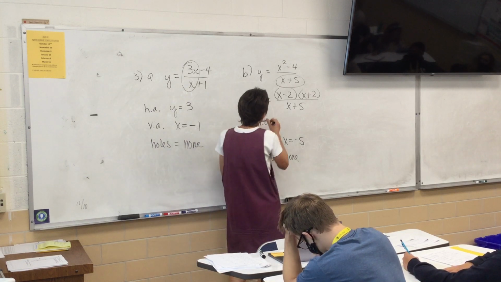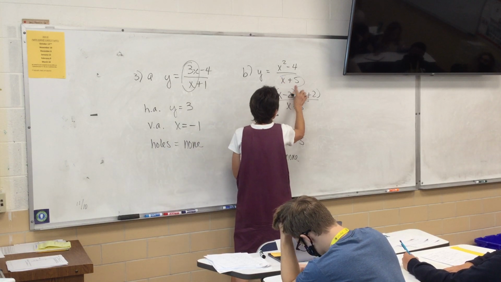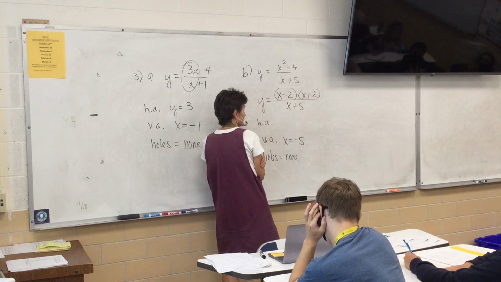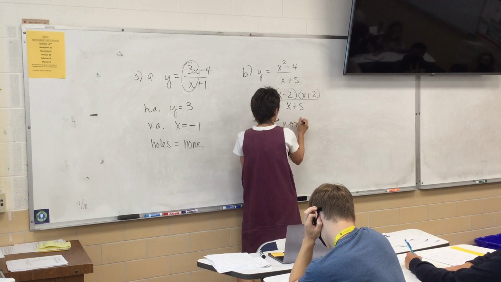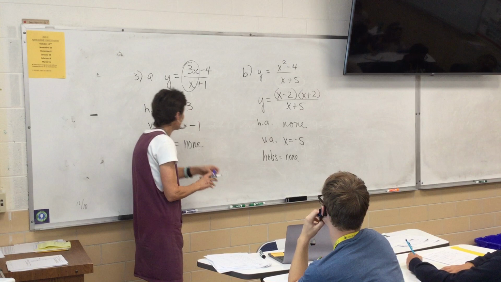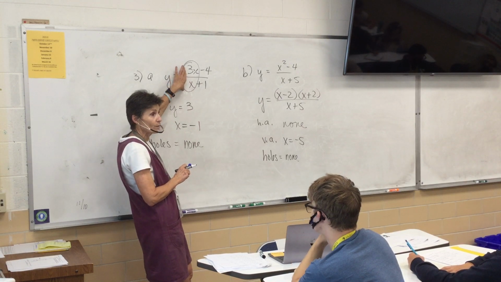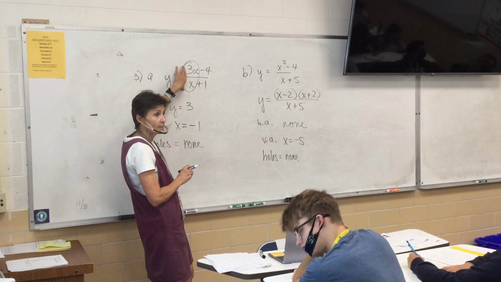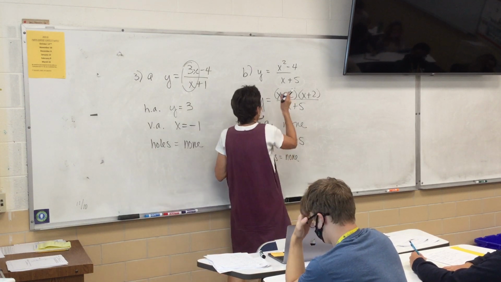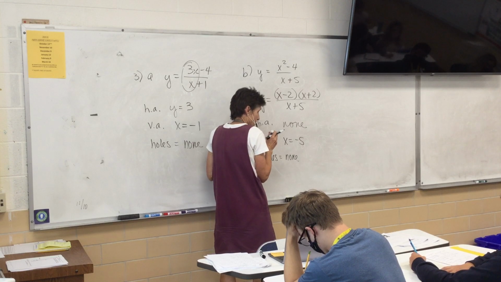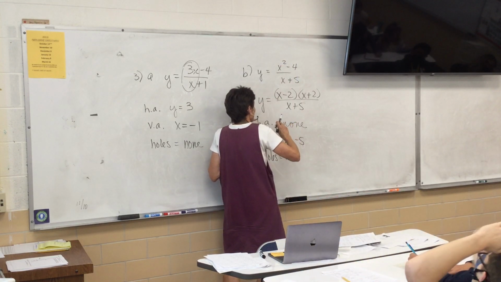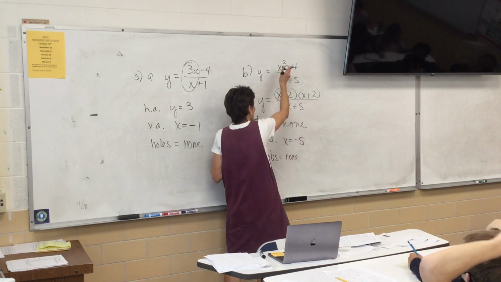What about my horizontal asymptote? It's going to be 1. Nope, it's not going to be 1. It's going to be none. And the reason that it's none is, how do we find our horizontal asymptote? We box in our x's, right? But the rule says we got to box in the highest power only. So what's the highest power of x I have in the problem? Squared.